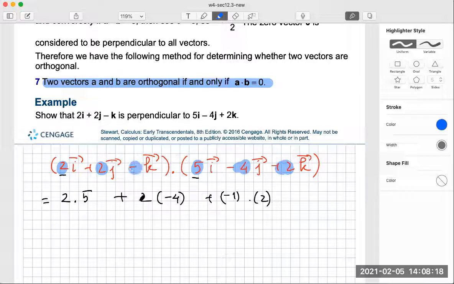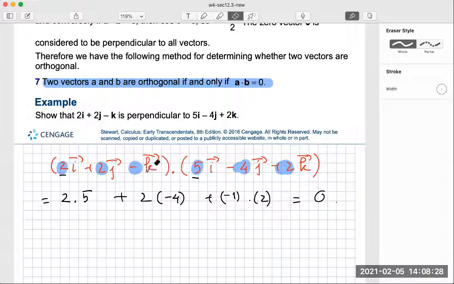That's it. And we see that this is 10 minus 8 minus 2, and it would be 0. Because the dot product is 0, we conclude that it is perpendicular or orthogonal.